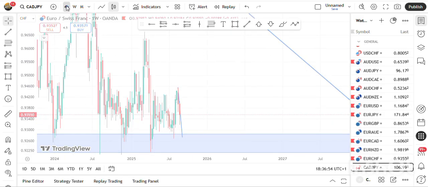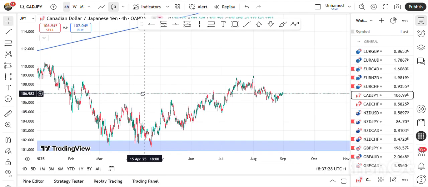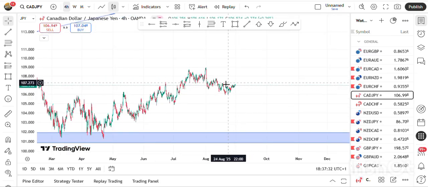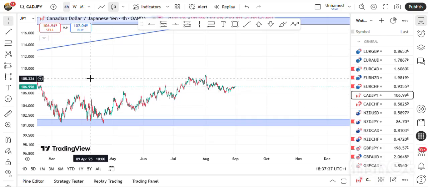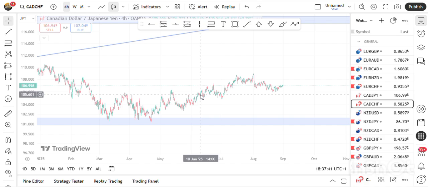Okay, so let's go to CAD JPY. No, we don't have a trade there, so let's move on from CAD JPY. It's very far from my point of interest. So let's go to CAD CHF.